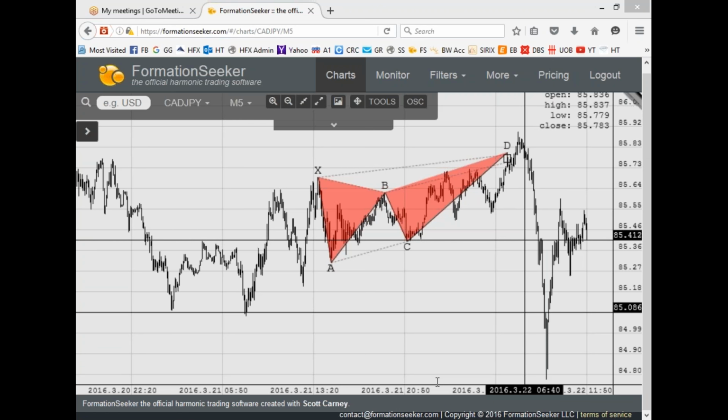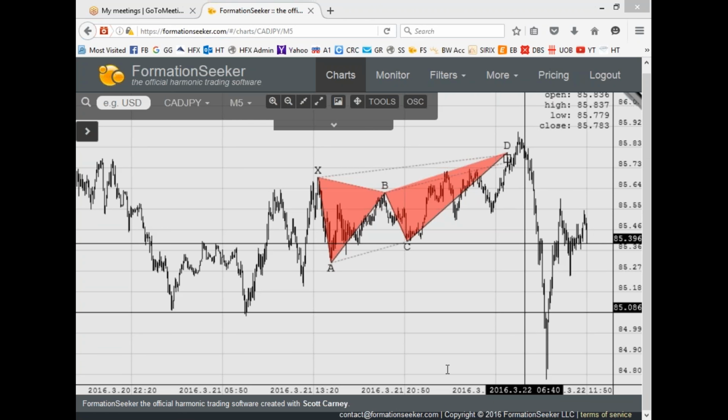question, is it possible to customize patterns? You can only see the patterns that are the official harmonic patterns. Paul says maybe she means the cipher pattern. The cipher pattern is not an official harmonic pattern.